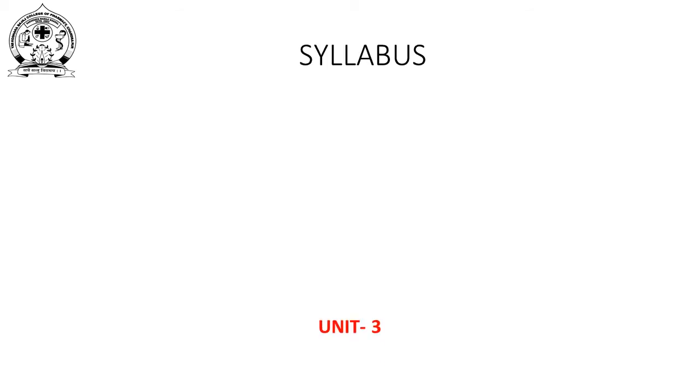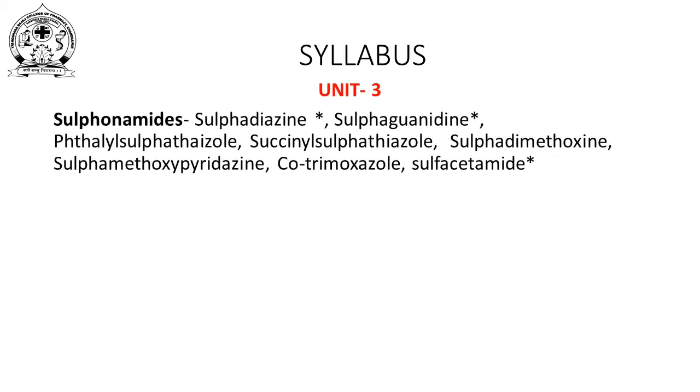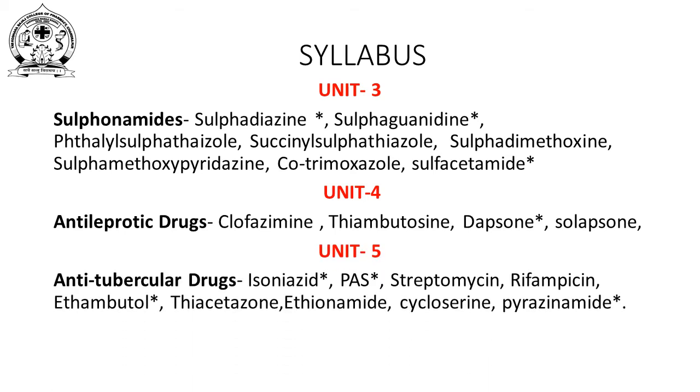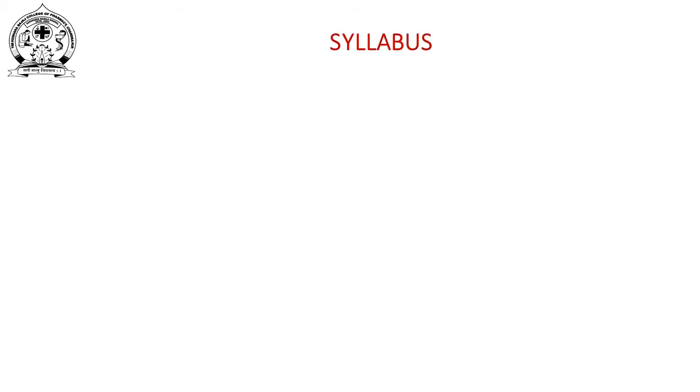Coming to the next unit, unit 3, it is sulfonamides. Unit 4, anti-leprotic drugs. Unit 5, anti-tubercular drugs. Both units, anti-leprotic and anti-tubercular drugs, combined we can call anti-mycobacterial drugs.